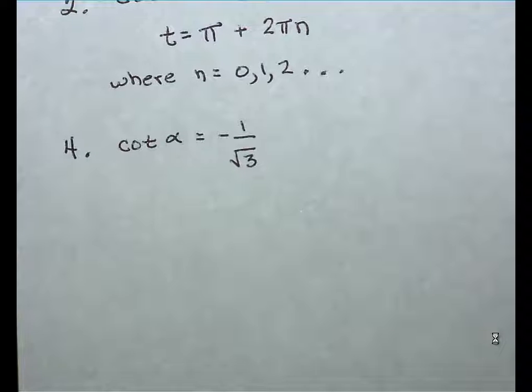How many times in one revolution of the unit circle is cotangent going to be -1 over square root of 3? 2 times. In what 2 quadrants is that going to happen? 2 and 4, wherever you have a positive divided by a negative or a negative divided by a positive.